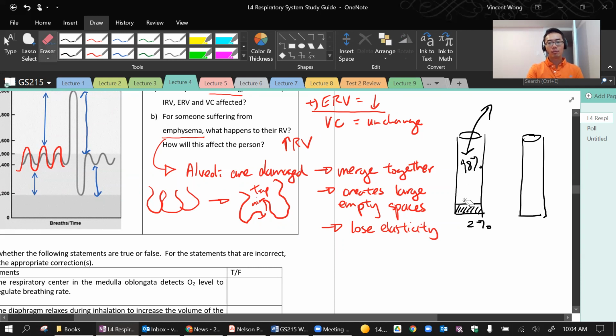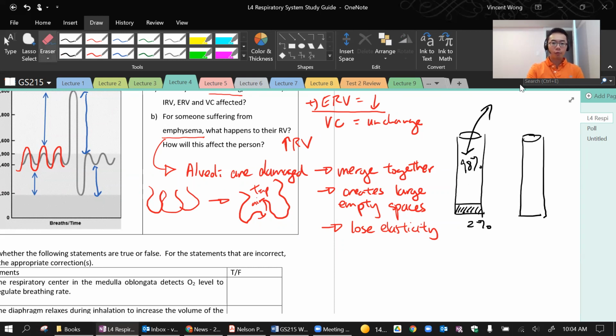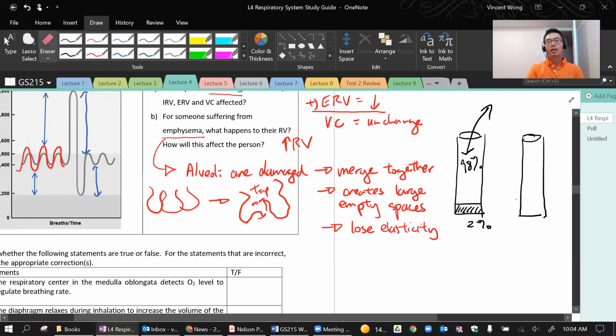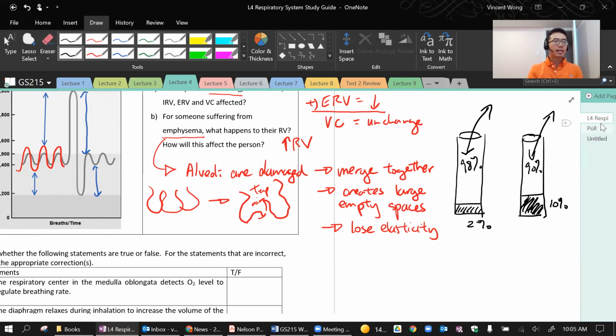So you can breathe the air out, refill it, breathe the air out, refill it. But now, because of the damaged alveoli, you would increase your residual volume to, I don't know, like 10%, and then you will only be left with 90% of volume for gas exchange. All this 10% will just be dead air, will just be carbon dioxide. They would not help you with the gas exchange.